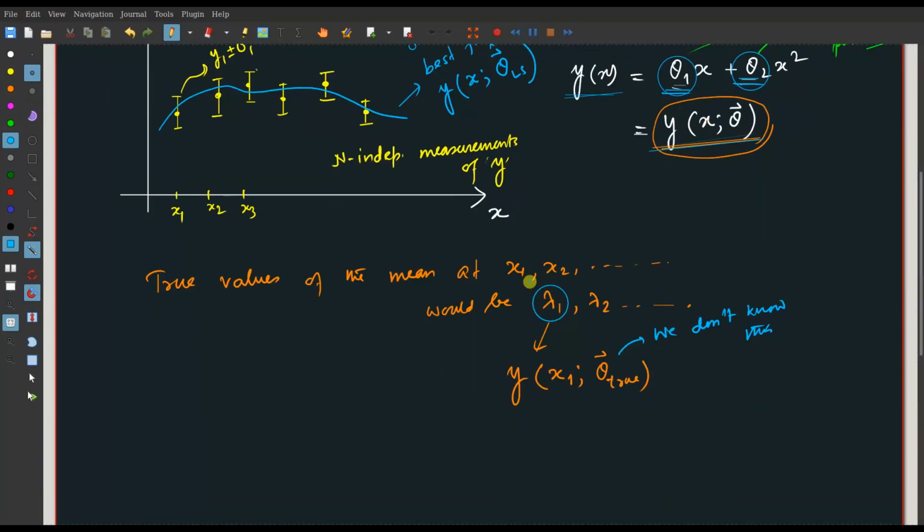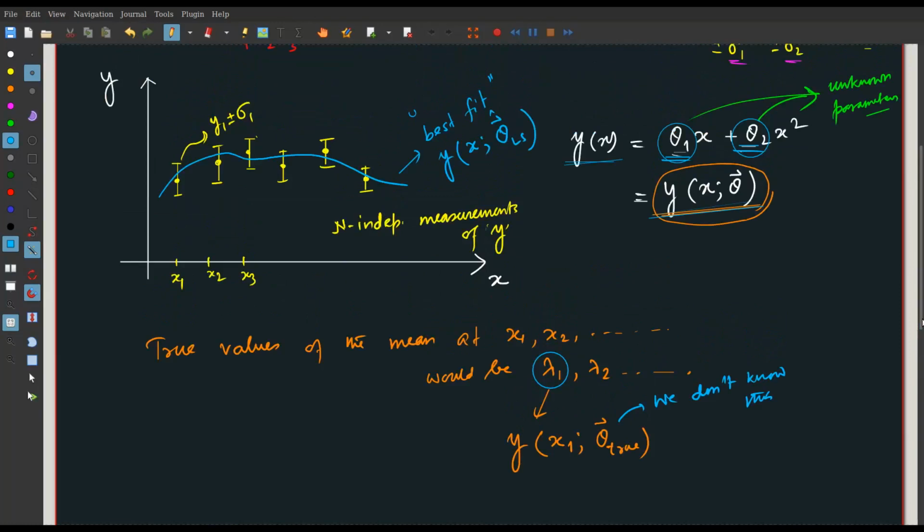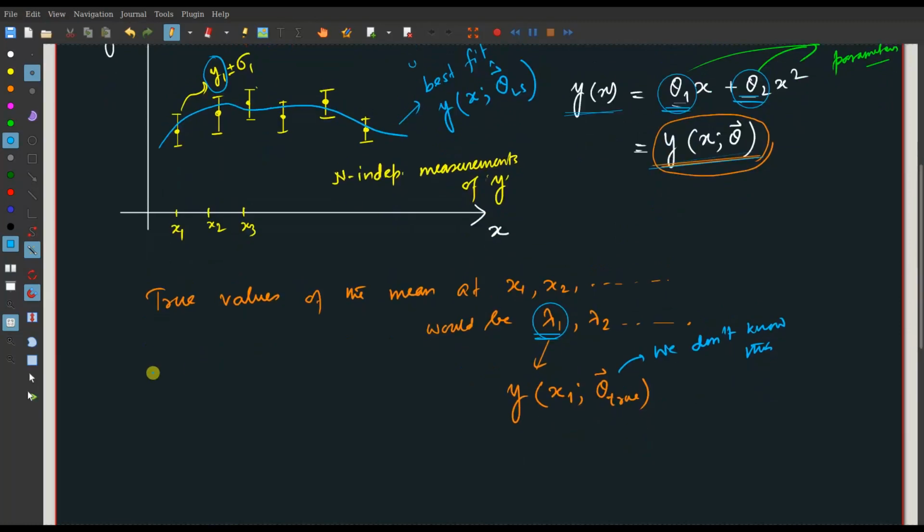Okay. Now assuming that those are distributed in a Gaussian way, then the probability distribution to find the value y1 where the true mean is lambda 1 will be given by 1 over the square root of 2 pi sigma 1 squared, then e to the power minus (y1 minus lambda 1) whole squared divided by 2 sigma 1 squared.